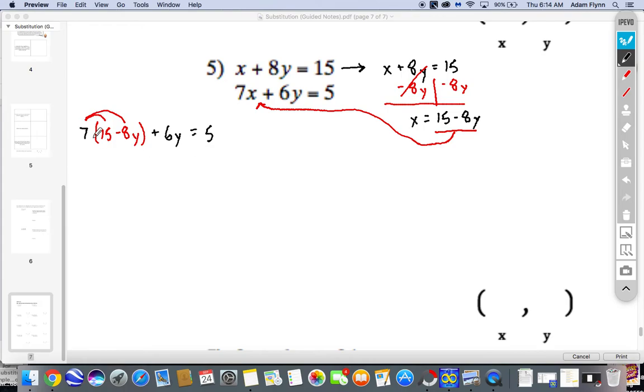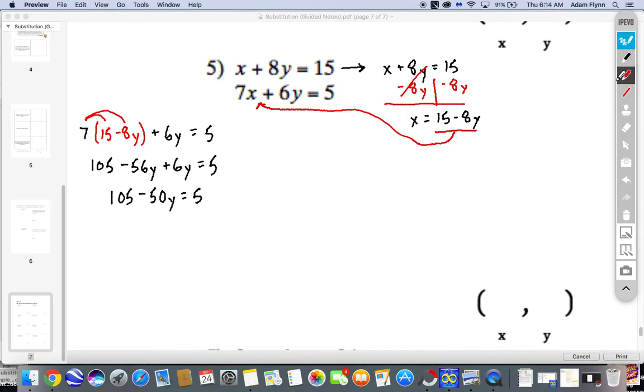When I distribute, 7 times 15 is going to be 105. 7 times negative 8y is going to be negative 56y. Then I'll bring down everything else, the plus 6y and the 5. If I combine, negative 56y plus 6y is going to be negative 50y. I'll bring everything else down. I've got this equals 5, and I've got this 105.